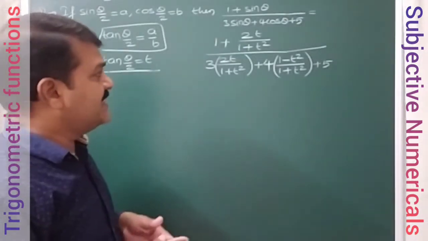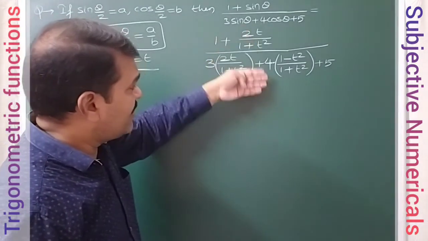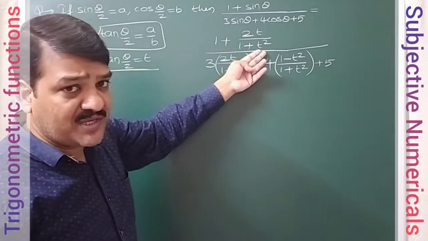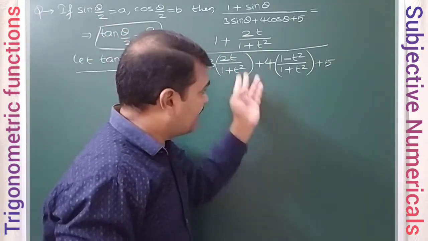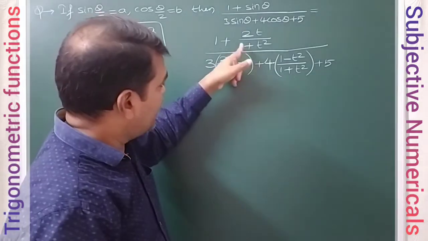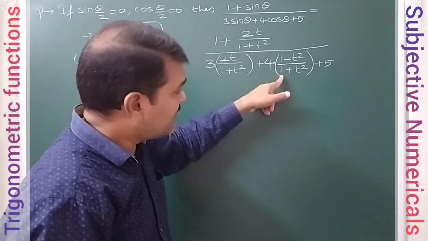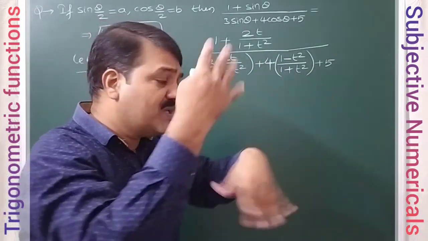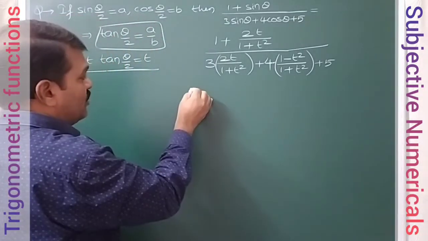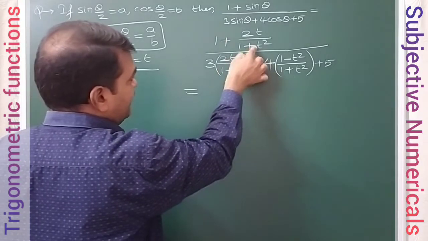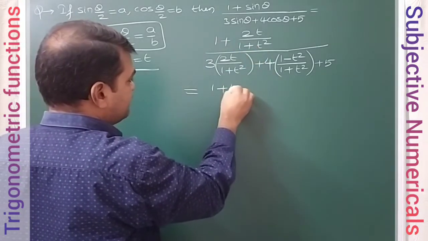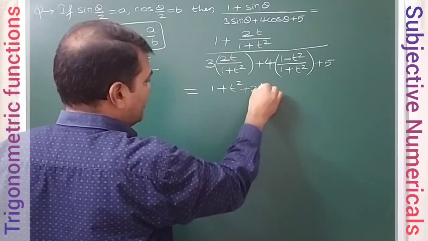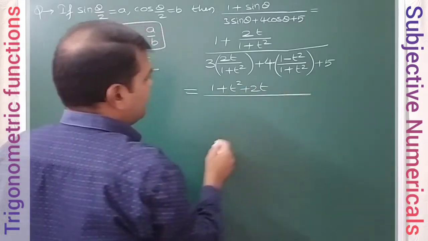Now just take LCM. So in numerator and denominator LCM is 1 plus t square only. That 1 plus t square I will cancel directly. Remaining part I will write. So we are going to get 1 plus t square plus 2t in the numerator.